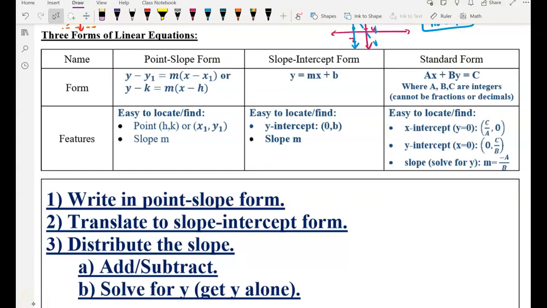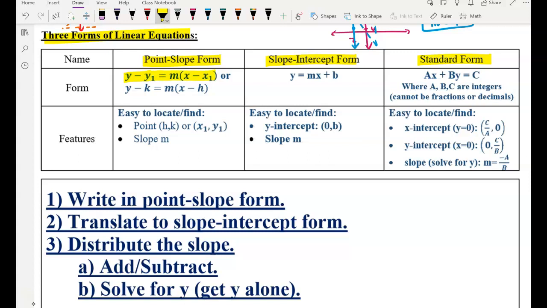There are 3 forms of linear equations, students. Okay. The first one is called point-slope form. The second one is the slope-intercept form, and the third is called standard. Now, the point-slope form, students, is y minus y1 equals the slope times the quantity of x minus x1, excuse me.